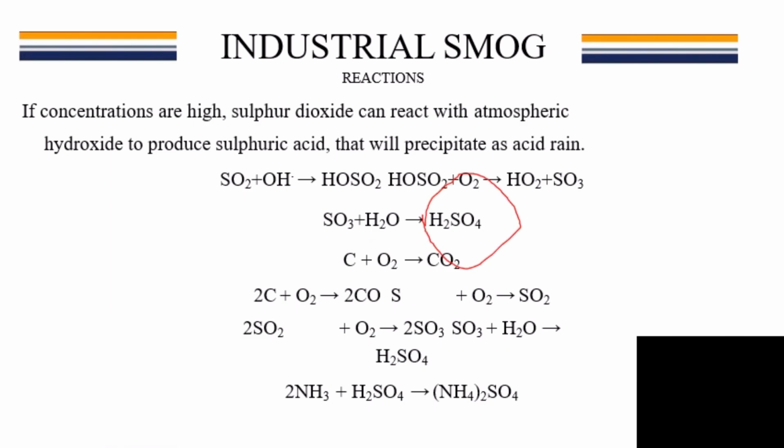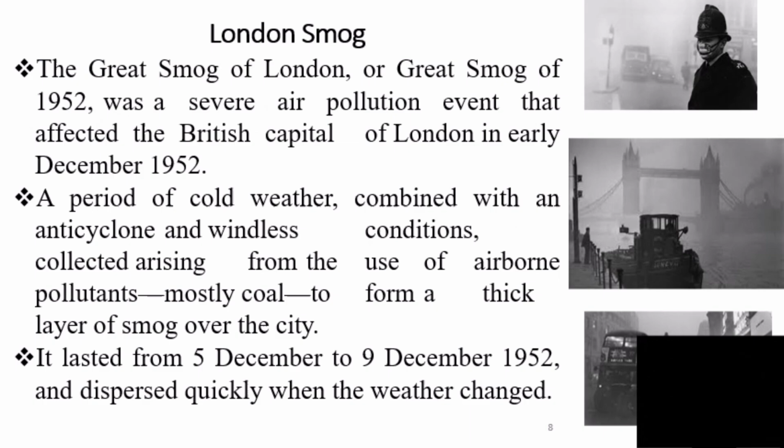Sulfuric acid. So SO2 plus OH, finally giving you sulfuric acid. Along with that, other things also, carbon forms a layer. You have other gases also combining with this smog. So this is a classic example of industrial smog, otherwise known as London smog.